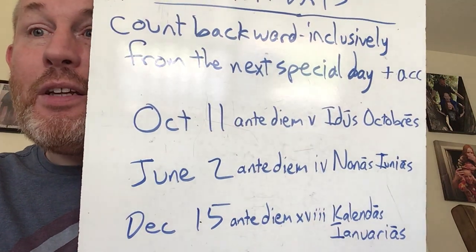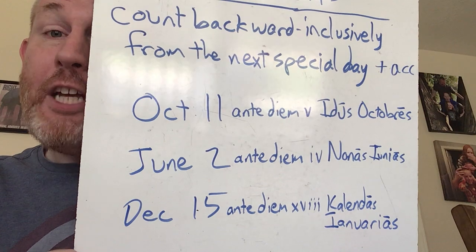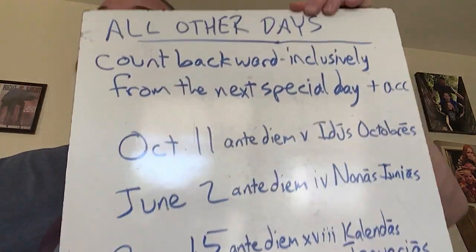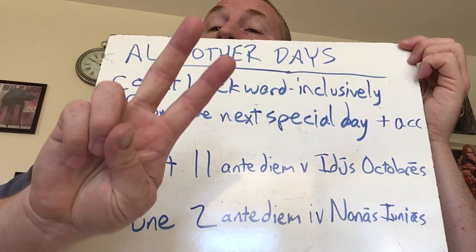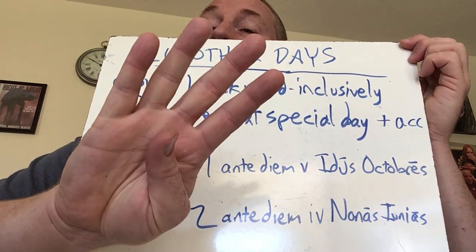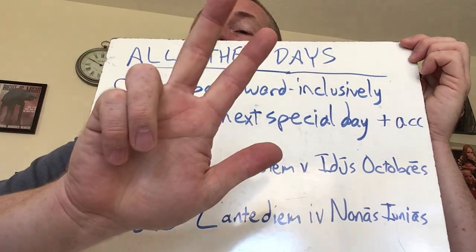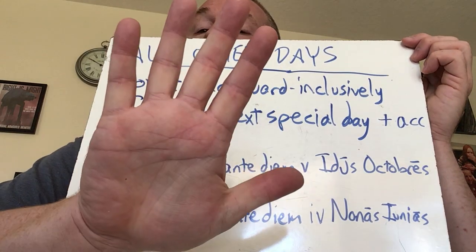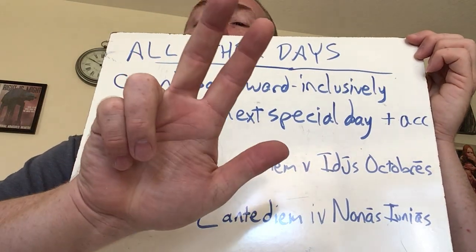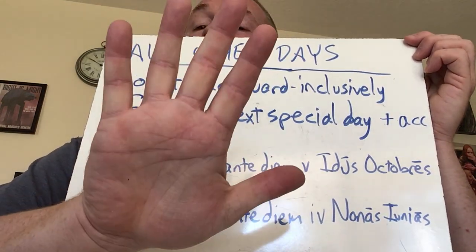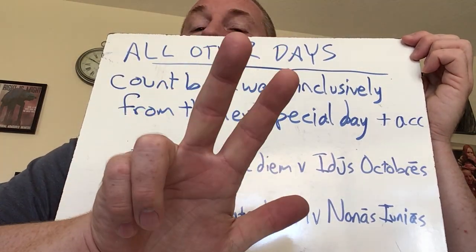How about December 15th? The next special day will be the Kalends of January. So you've got to count. January 1, December 31, 30, 29, 28, 27, 26, 25, 24, 23, 22, 21, 20, 19, 18, 17, 16, 15.